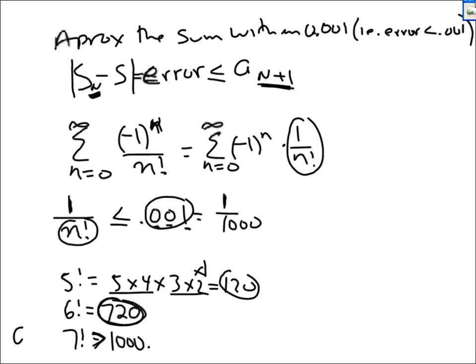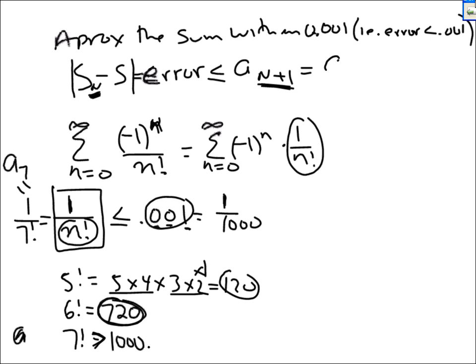So what I'm getting at is that this is the remainder term. I want the error to be less than 0.001. That happens when I use 1 over 7 factorial, which is a sub 7.